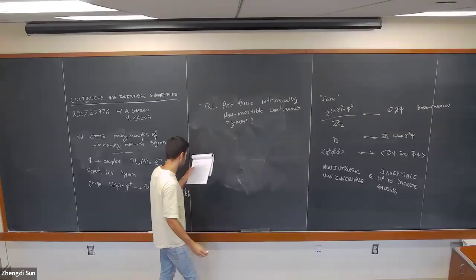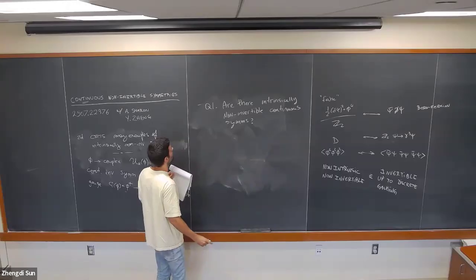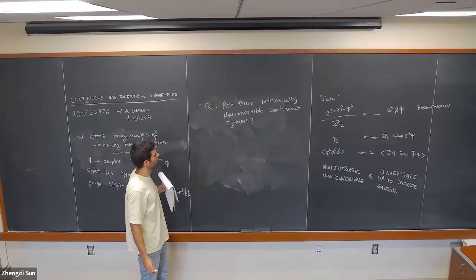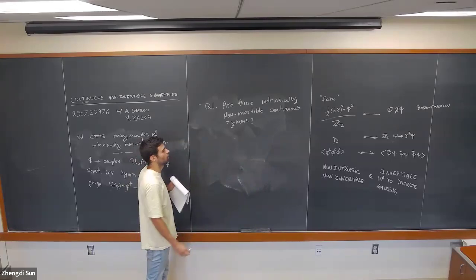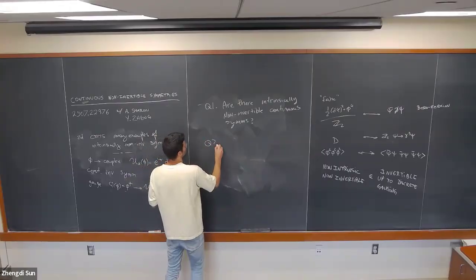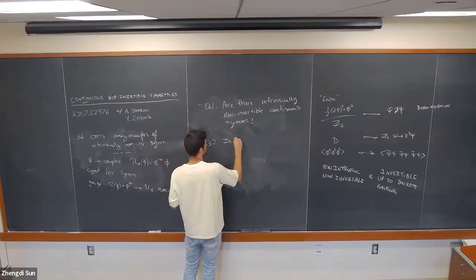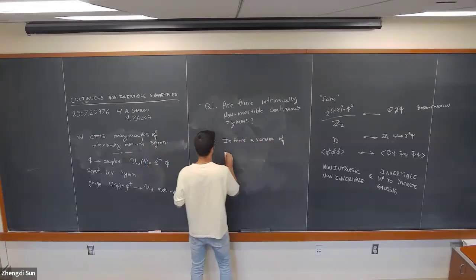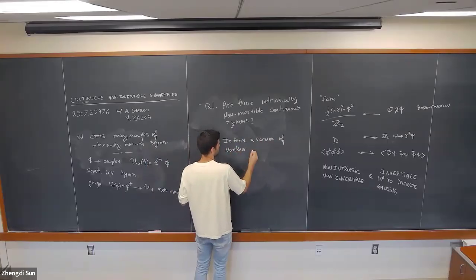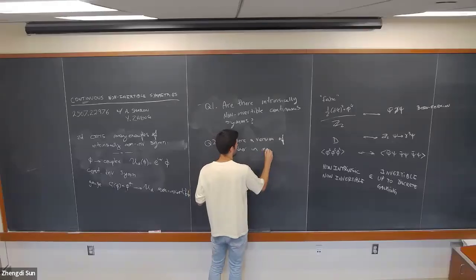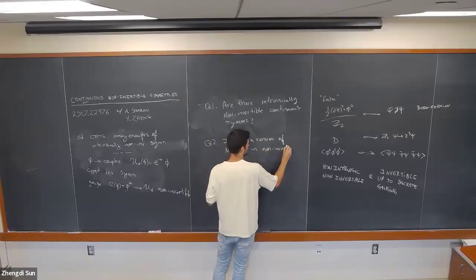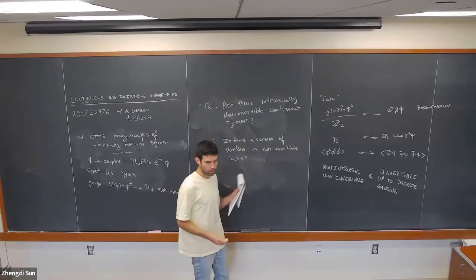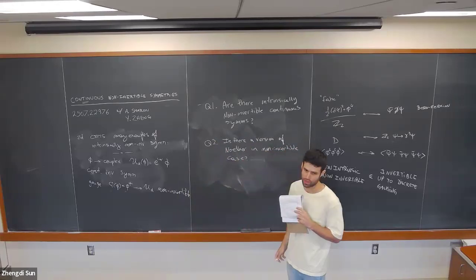This is one of the main questions that we want to ask, and it turns out to be very, very hard. But one thing that usually helps with continuous symmetries is Noether's theorem. So question 2 is: is there a version of Noether's theorem in the non-invertible case? Okay, these are the two questions that we were trying to answer in the paper.